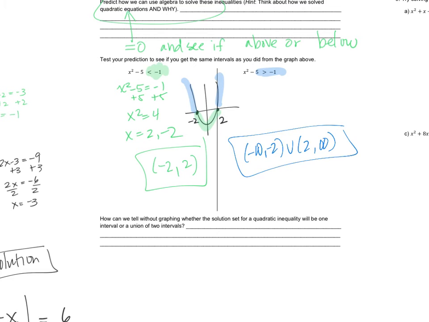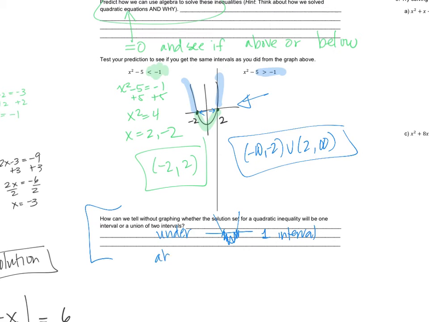So it's like every time I'm drawing the graph, but I don't have to be so specific about where all my points are and everything, except for finding the 2 intersection points. And then I just determine if I'm above or below. And so you know that you're going to have either 1 or 2 intervals depending on if it's less than or greater than. So if you're under, that's the portion down below, that's where it's only 1 interval.